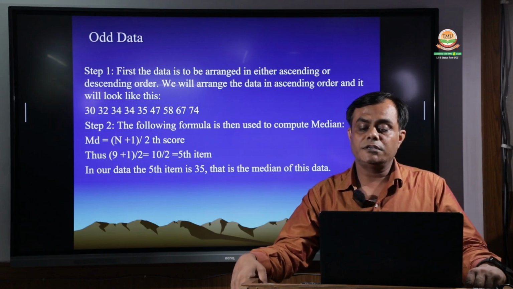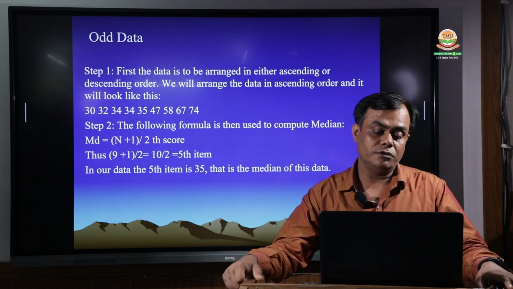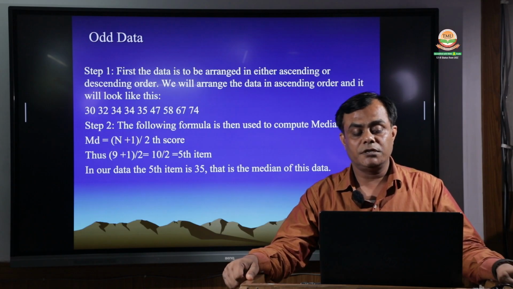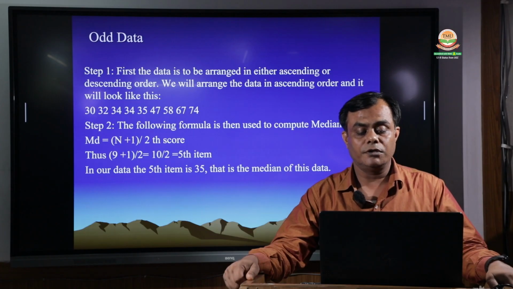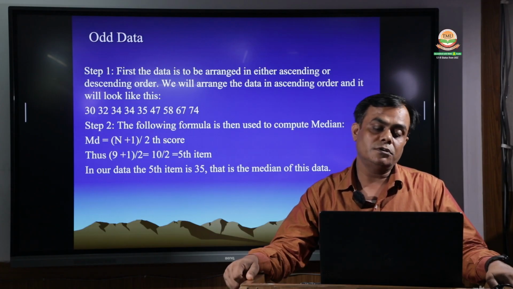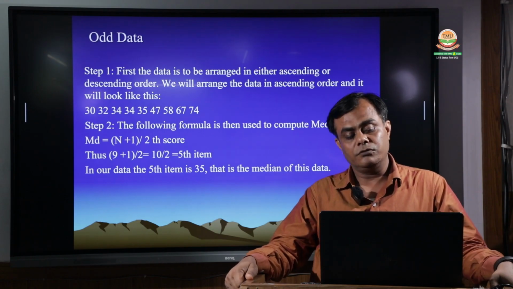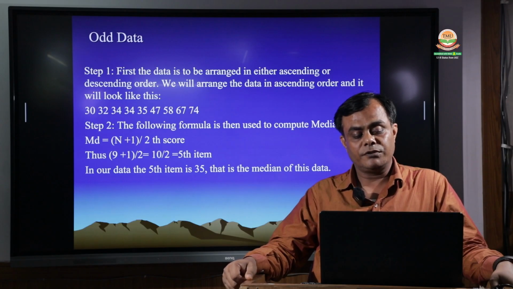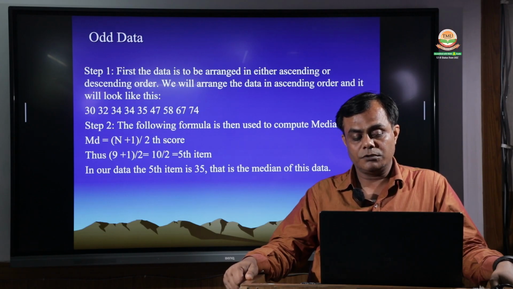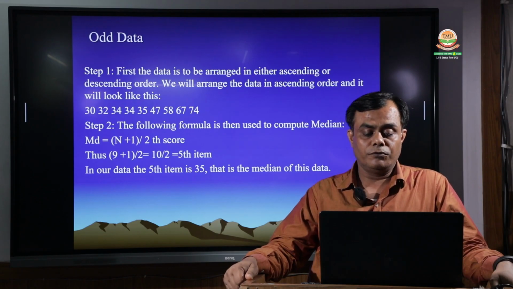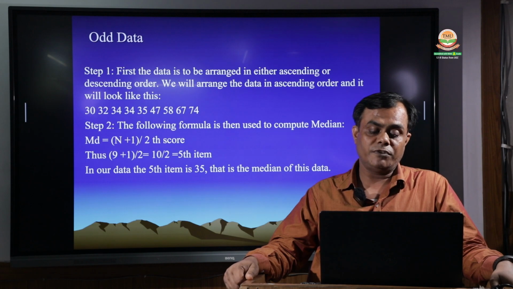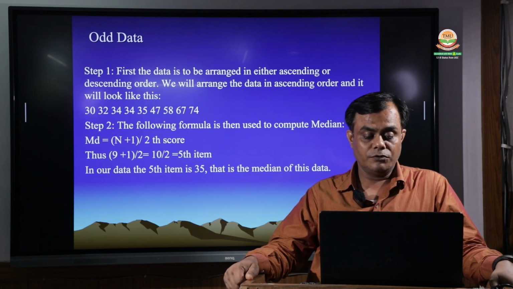We arrange the data in ascending order: 30 is the lowest value and 74 is the highest value. So in ascending order: 30, 32, 34, 35, 39, 47, 58, 69, 74.